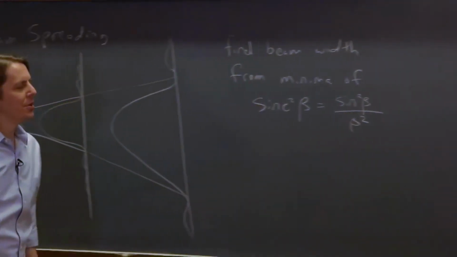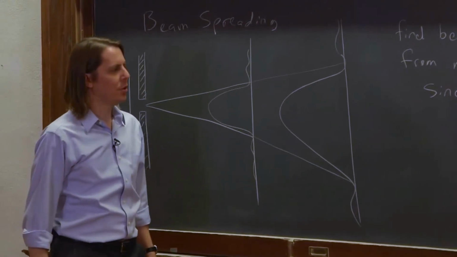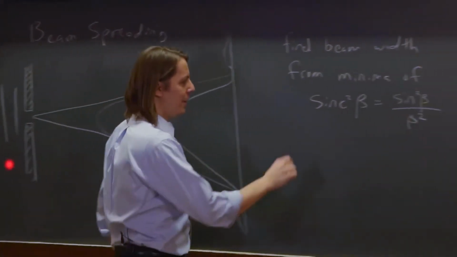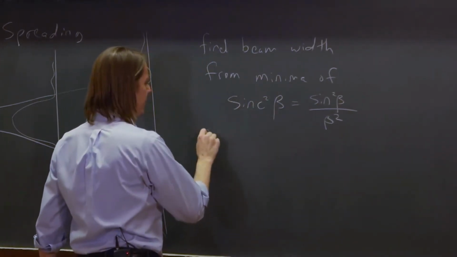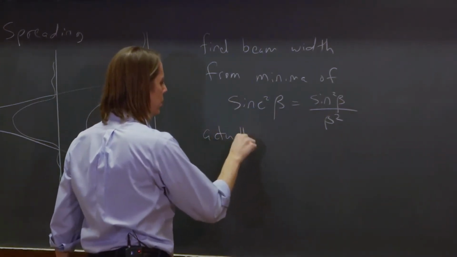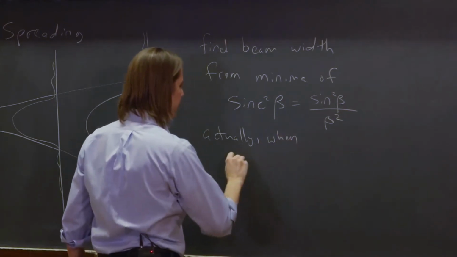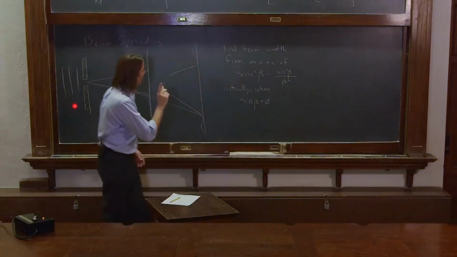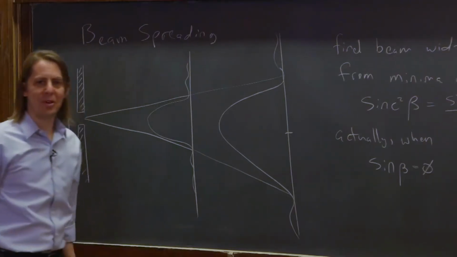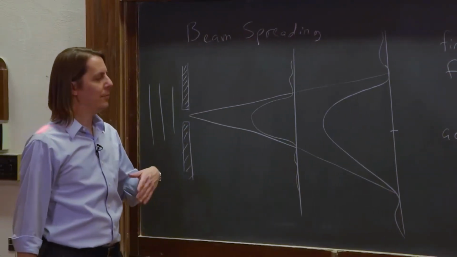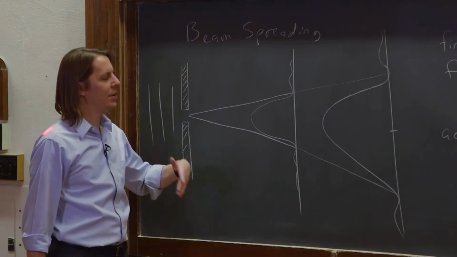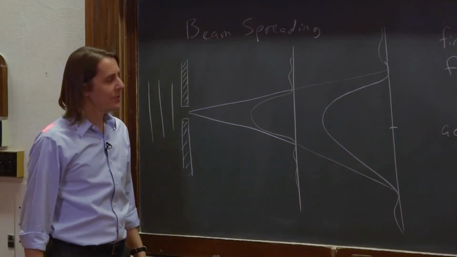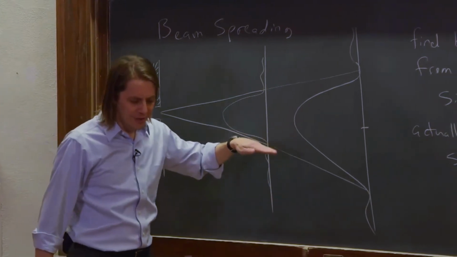And you know the minima are going to occur when sine squared beta is 0, which is going to occur when sine beta is 0, except for the value at 0. Usually sine is 0 at 0, and then pi, and then 2 pi, and 3 pi, etc. But that's not the case for the 0 here. So you just have to ignore that first 0.